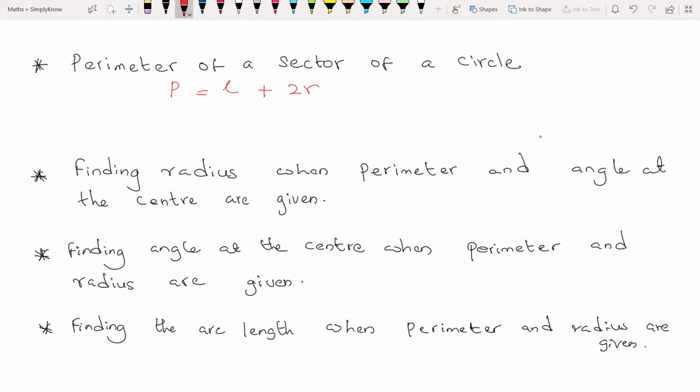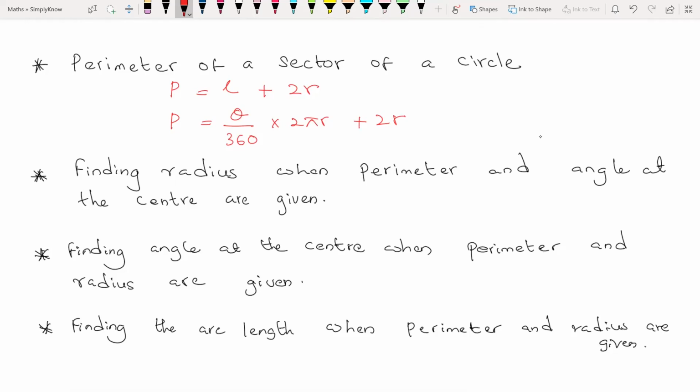And also we have an extended formula. Perimeter equals theta over 360 times 2 pi r plus 2r. So by using these two formulas, we can find easily the perimeter.